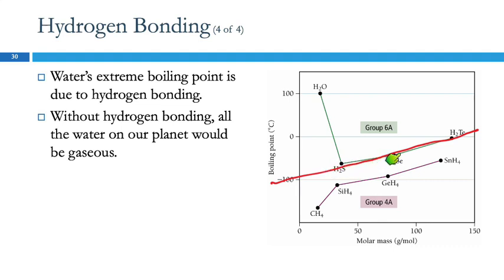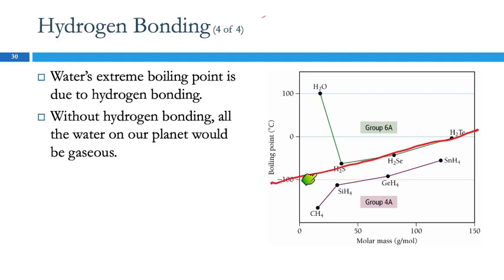As the molar mass of these molecules gets larger, the boiling point goes up, right? And based on the molar mass of oxygen and hydrogen, we would expect the boiling point for water to be down here, like minus 85, 90 degrees Celsius. If that were the case, at room temperature, all water would be in the gas state.